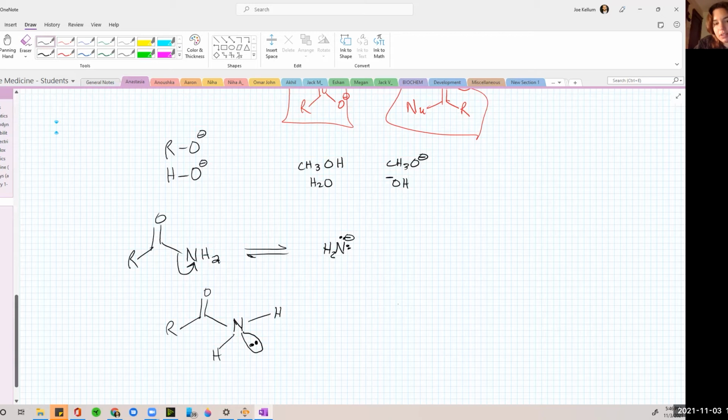Rather than the double bond being to the oxygen, it would be with the nitrogen, and the oxygen would hold a negative charge. These electrons would jump up here, and then this lone pair has to jump down between the nitrogen and the carbon. So you end up with that negative charge and now a double bond to nitrogen.